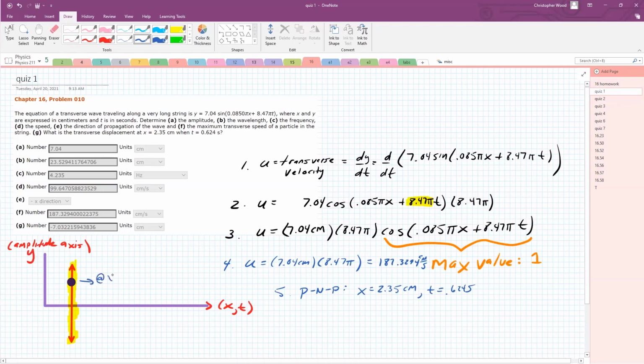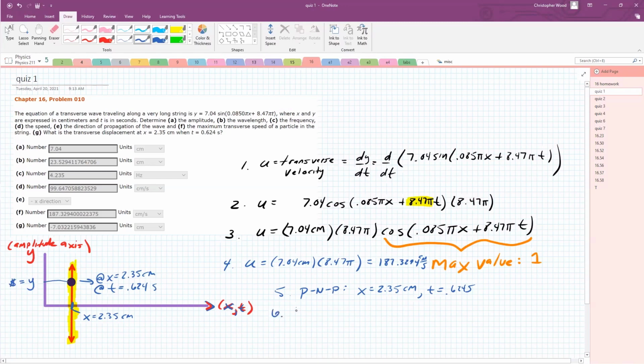At X equals 2.35 centimeters, this X value right here, on the X axis, and at time equals 0.624 seconds. I guess this is doubling as not only the X axis, but also the time axis. Let's figure out what this value is right here. Okay, this is what we're after.